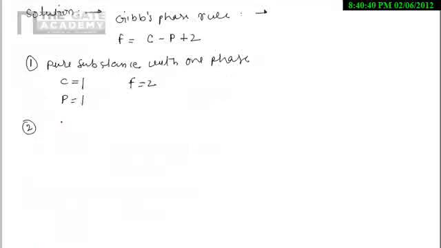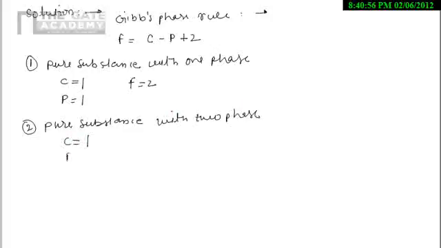Similarly, pure substance can exist with two phases. So second case I am considering pure substance with two phase. So here C equals 1, P equals 2, and if we plug this in that formula, minus 2 plus 2, so F I will get 1.